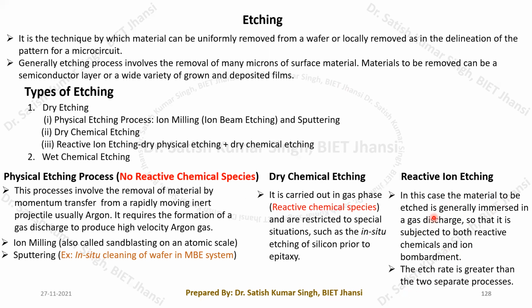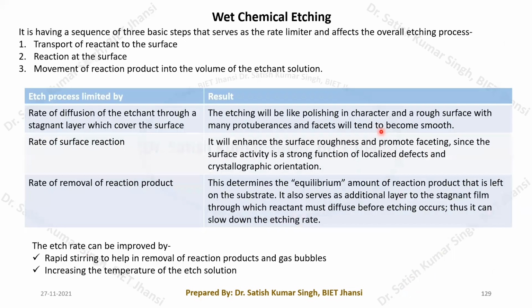Now we have to concentrate upon the wet chemical etching process, which is available in your syllabus. We have to study it. As the name suggests, in wet chemical etching it is wet chemicals that we use for removing the layer from the top of the surface. Remember, as I said, either we need to remove the complete layer from the surface, or we have to remove the layer selectively to open a certain window to transfer the patterns.